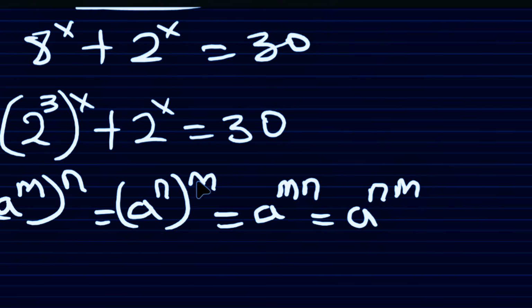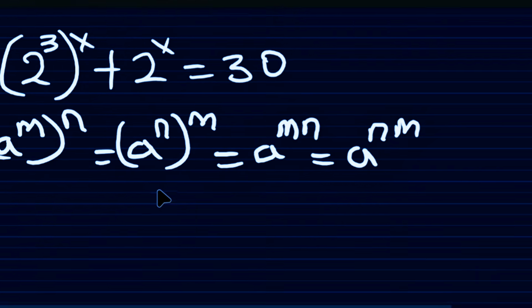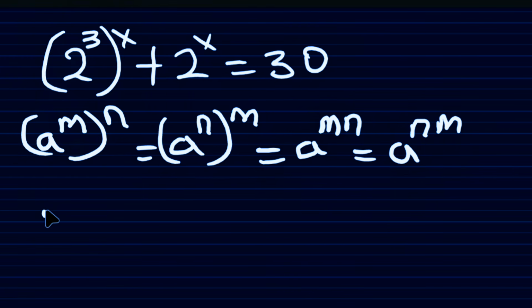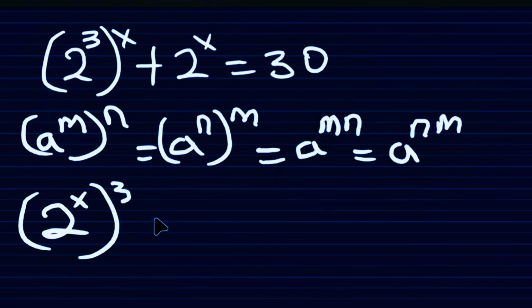Either way, as long as it's multiplication, it is applicable. Now if we apply this rule, we are going to switch this exponent. So we have (2^x)^3 + 2^x = 30.